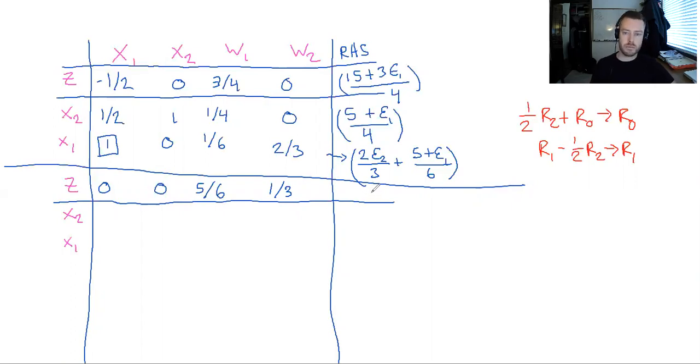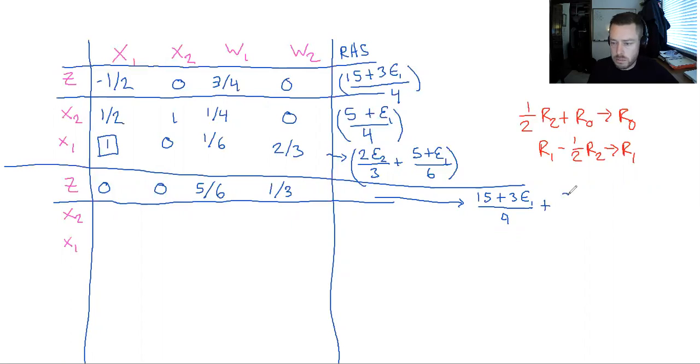Actually, you know what? So what we could do? Yeah, no, let's actually do that. Okay, let's put this guy here. Okay, so we're gonna have 15 plus 3 epsilon 1 divided by 4. It's gonna be multiplied by 1/2, right?